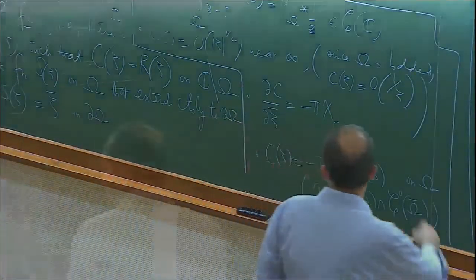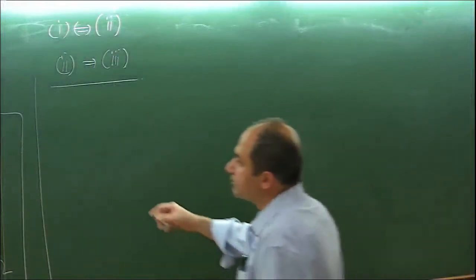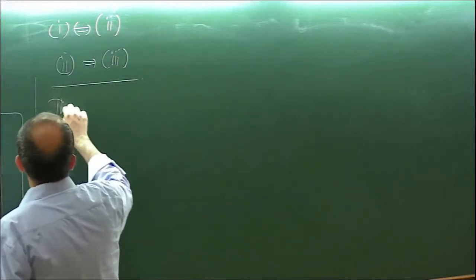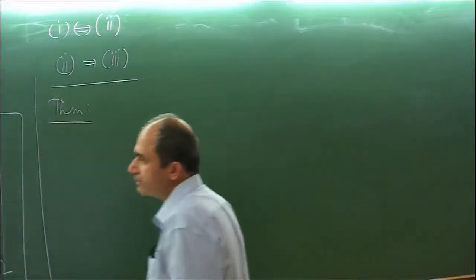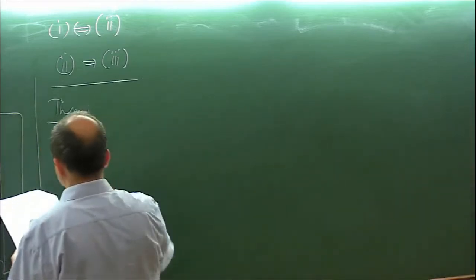All right. Now to complete the proof of the other equivalence, namely 3 implies 2, there's another theorem that we will need. I think I wrote this down yesterday. I'll just repeat myself.